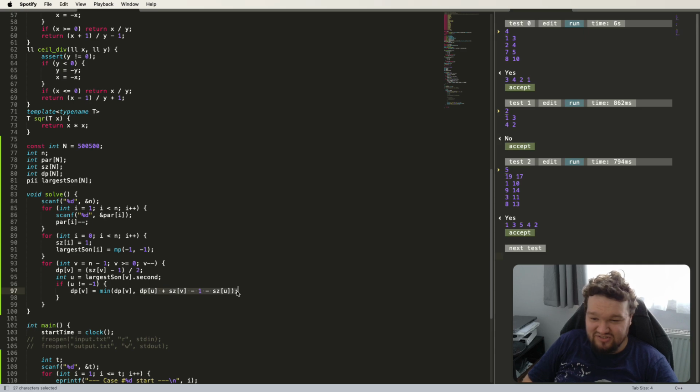But then the answer will be that I matched everything except maybe one vertex, and since I'm taking minimum, it will just be bigger than what I already have, which will not change the answer.